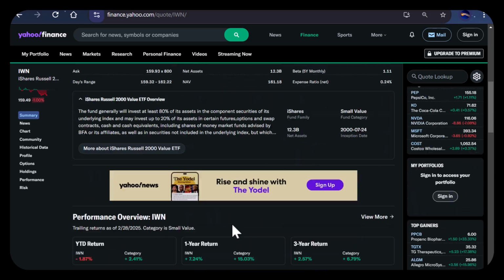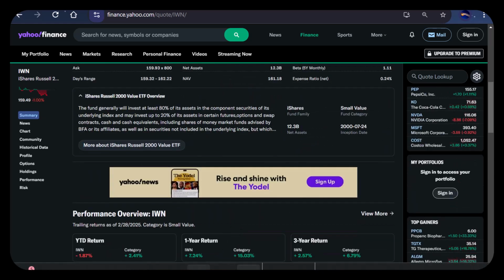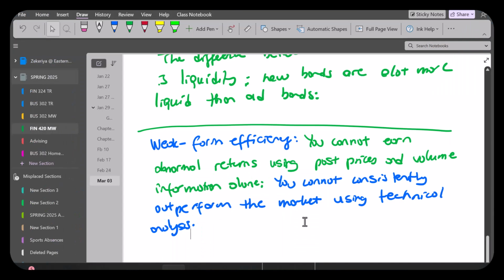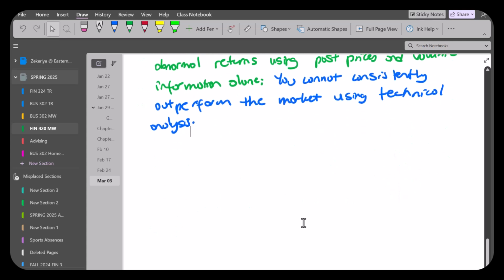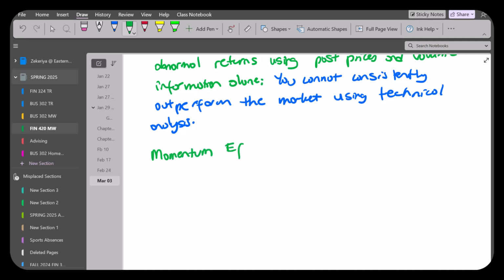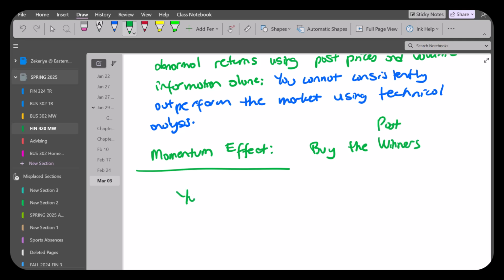I'm going to add one more seeming violation of those, the so-called momentum effect. So if you buy the winners, past winners, you make more compared to buying past losers.